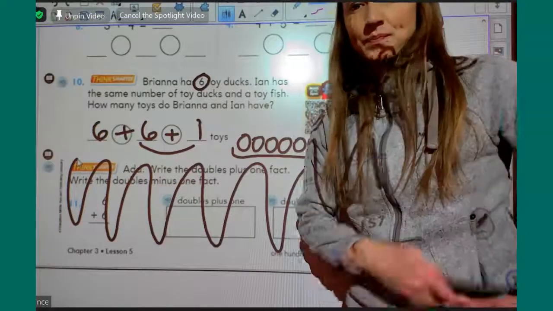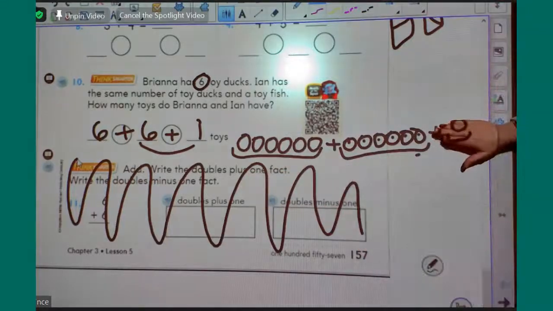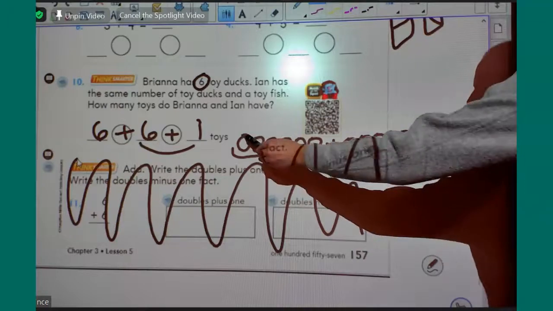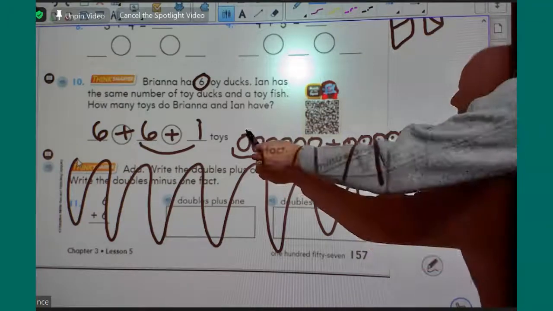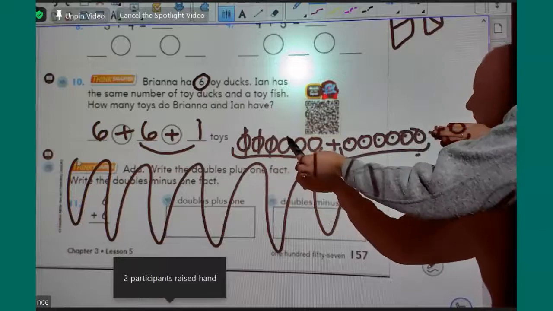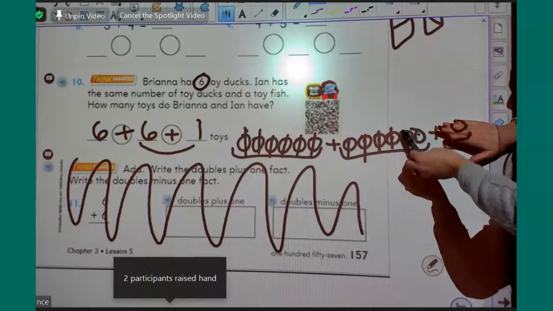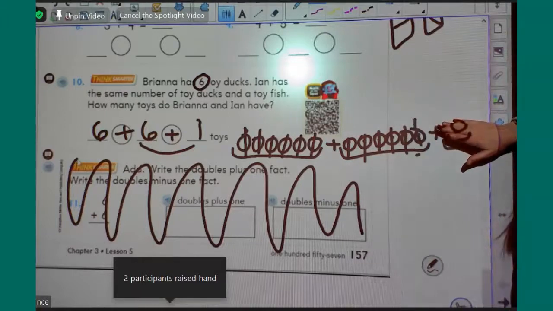So I want you to count these ones. 1, 2. So, which one? All of these, okay? Ready? 1, 2, 3, 4, 5, 6, 7, 8, 9, 10, 11, 12, 13, 14, 15, 16.